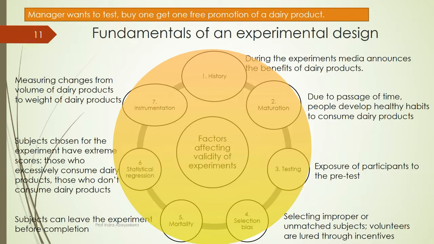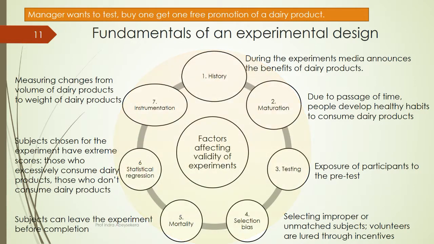There are 7 factors: history effect, maturation effect, testing effect, selection bias effect, mortality effect, statistical regression effect, and instrumentation effect. Let's take an example. Let's say a manager wants to test a buy one, get one free promotion of a dairy product.